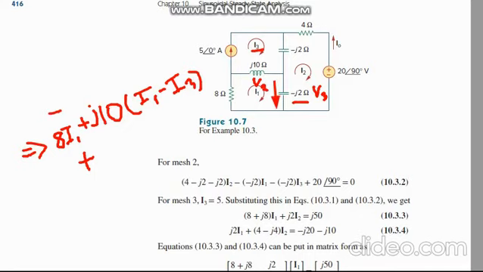That is the I1 direction and that is the I2 direction. So we can also write, minus j2 ohms, as it is a minus sign, into I1 minus I2.